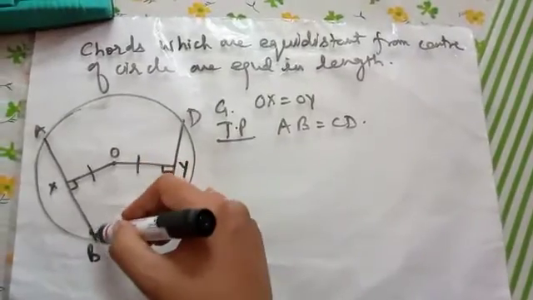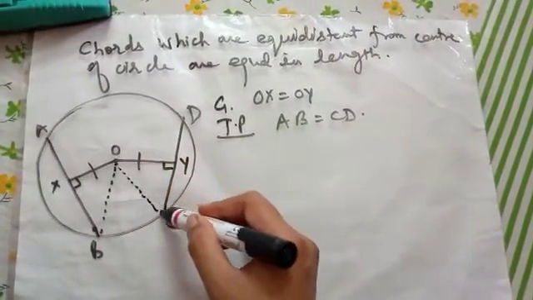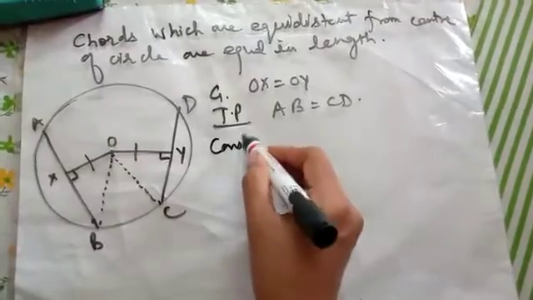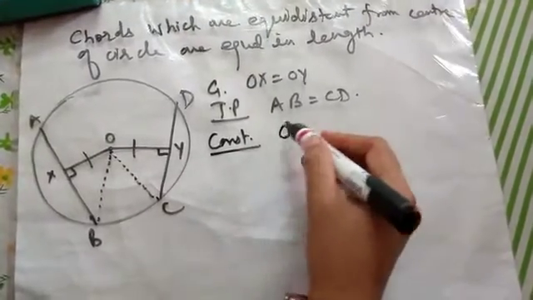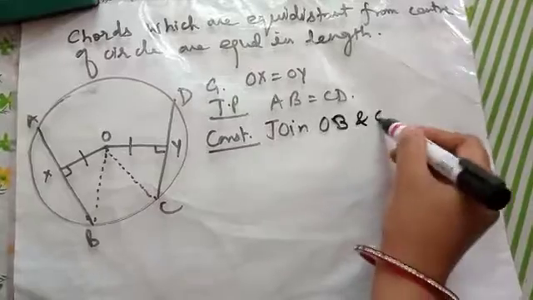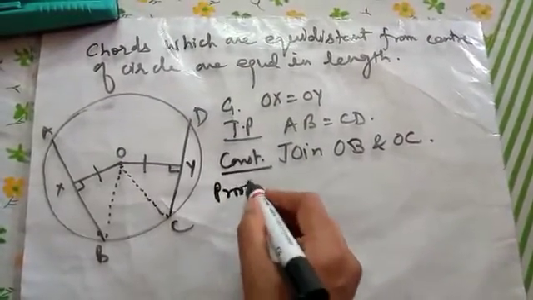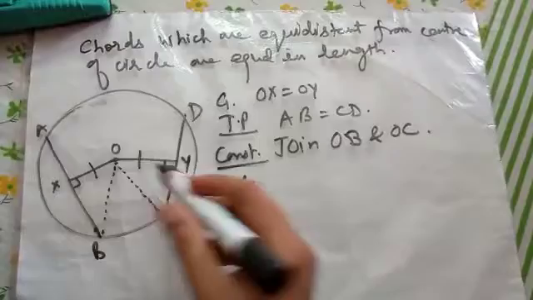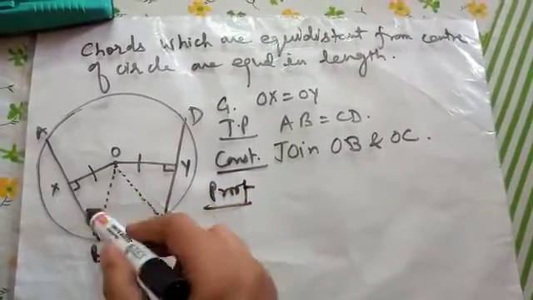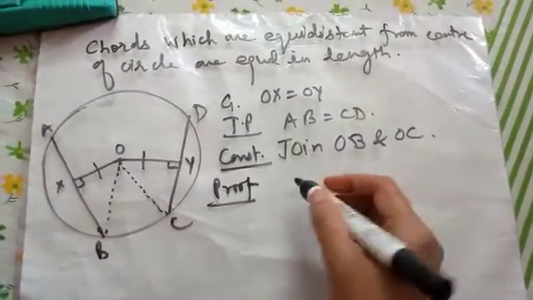Now again let us join this. So write down the construction. The construction is join OB and OC. Now proof. Let us see if we can prove the congruency of these two triangles. Can you prove the congruency of these two triangles?